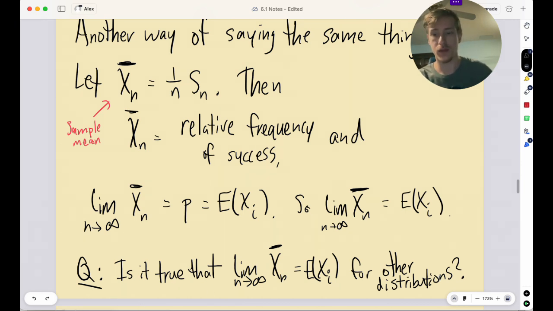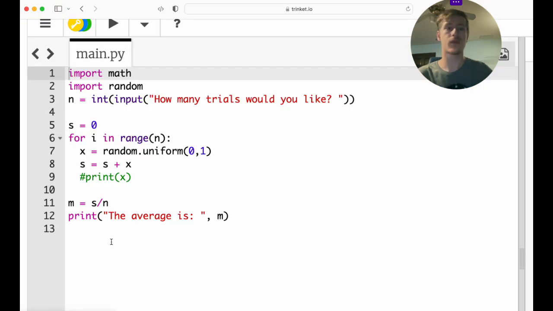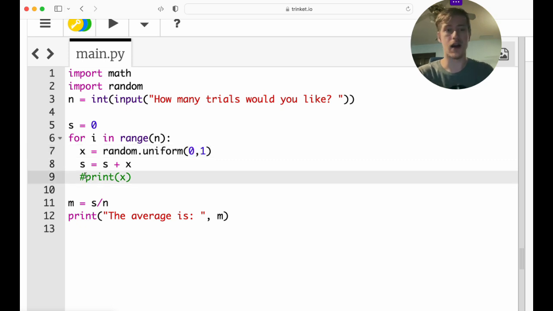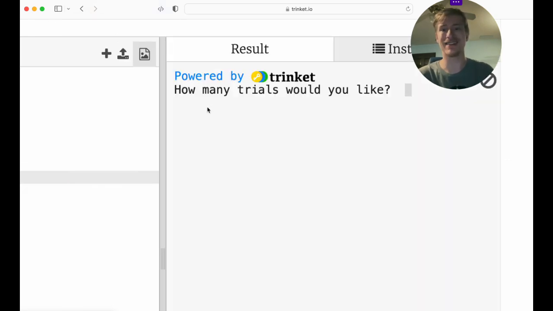Okay, so what we have is a really easy program that I wrote, just kind of iterating over the number of trials that you want, and I decided to use the uniform continuous random variable over 0 to 1. Okay, so I commented this out, so let me just show you what it does.